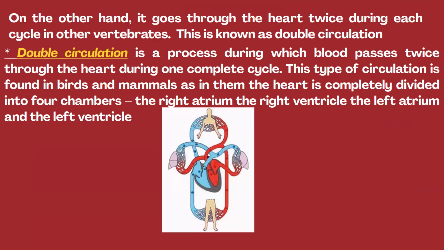This is the single circulatory system we can see in fishes, but in humans and mammals, especially the vertebrates, we can see a specific phenomenon called double circulation. Double circulation is where the blood enters the heart two times in one circle.